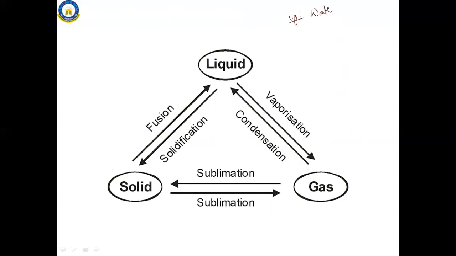Water can exist in the solid state as an ice cube, in the liquid state it is called water, and in the gaseous state it is called vapor. So if a solid is converted into liquid, we call it fusion.